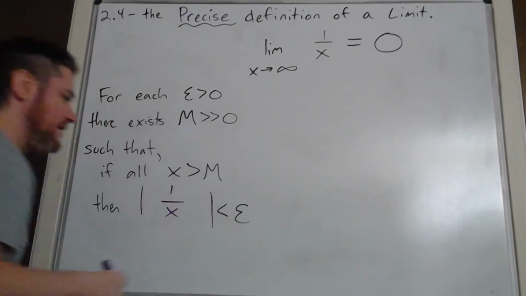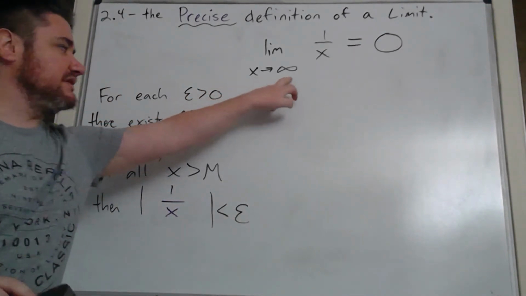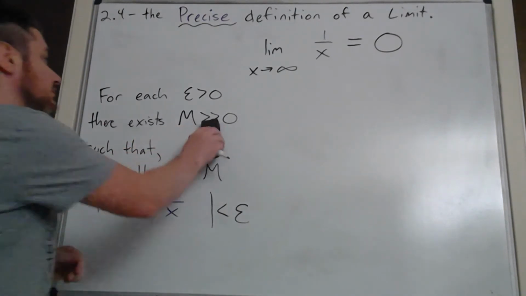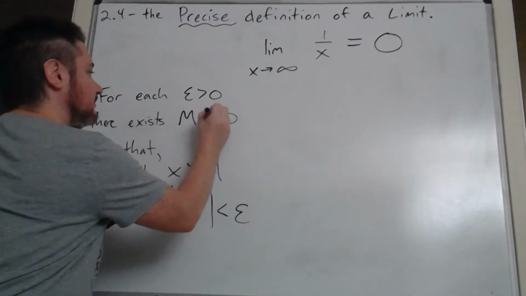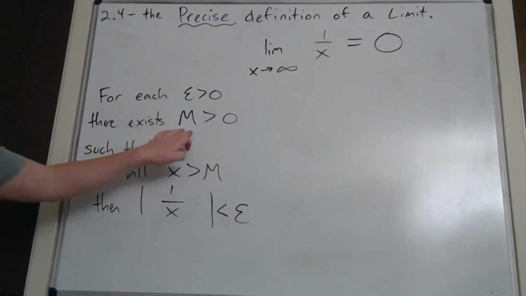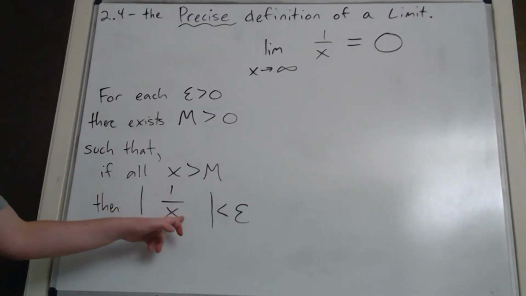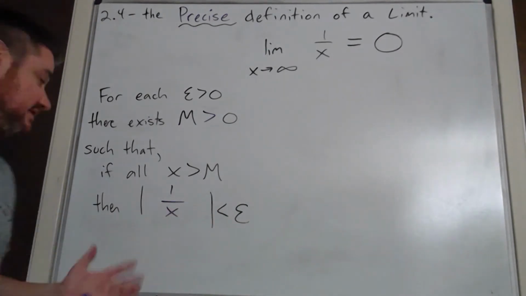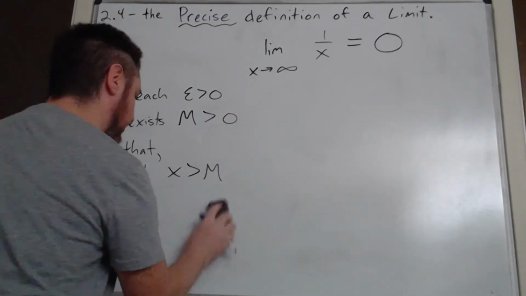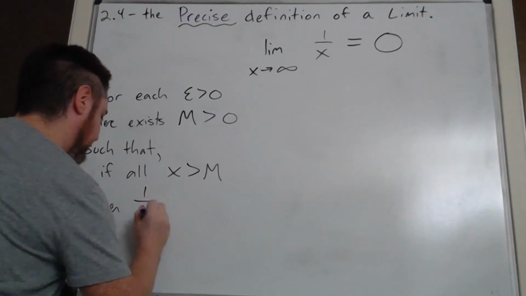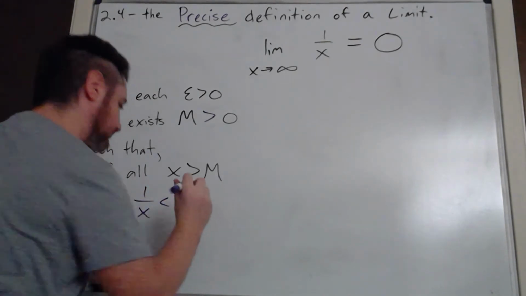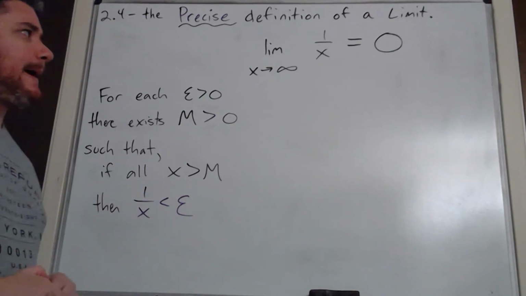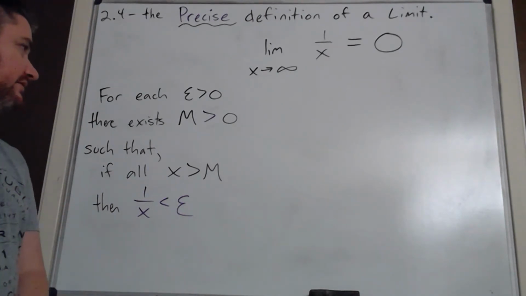Further, since x is approaching infinity and x is larger than this M, which is a positive number, x is positive. So 1 over x is positive, which means these absolute value bars are redundant. I can get rid of those and simply write that this is less than epsilon.